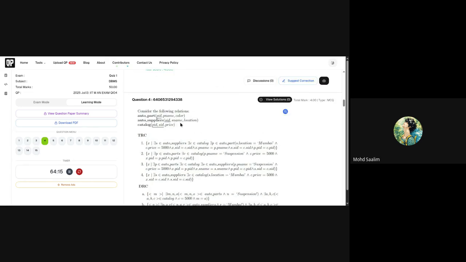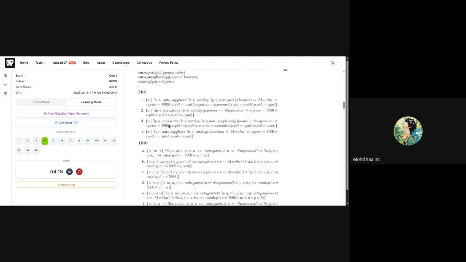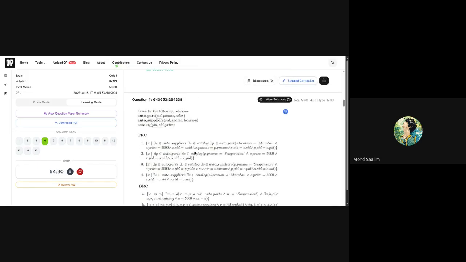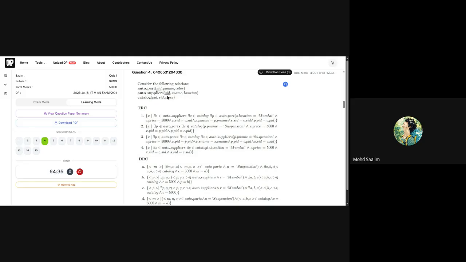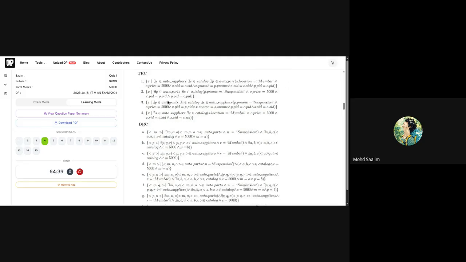So Q is for here. P is from auto suppliers, which is SID, and P name is getting selected from N, and the conditions are also true. So I think G is matching with it, right?